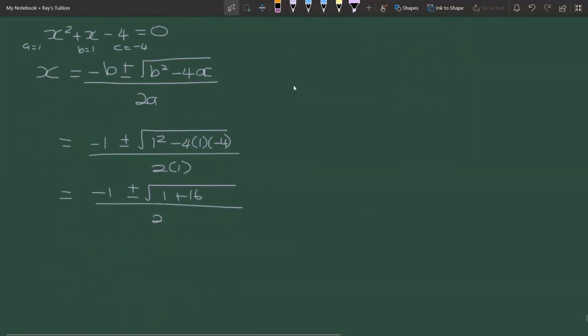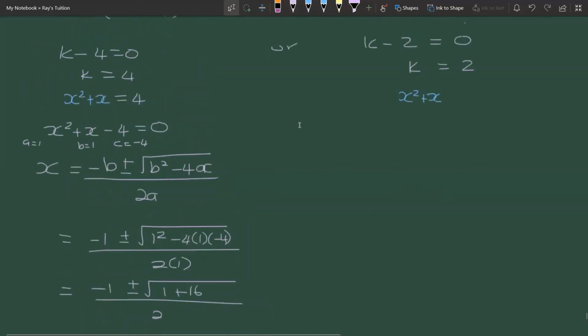So we get that x is equal to minus 1 plus or minus root 17, all over 2. So the two solutions are x is minus 1 plus root 17 over 2, or x is equal to minus 1 minus root 17 over 2. Again, if you're unfamiliar, please go and watch the video on solving quadratic equations.